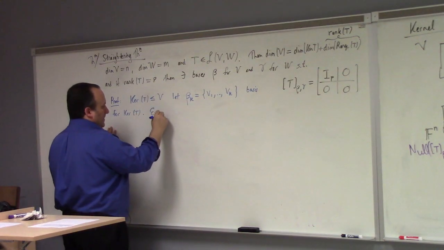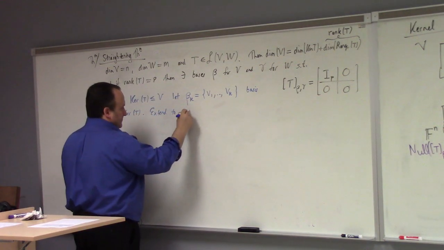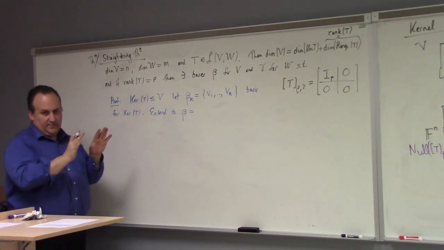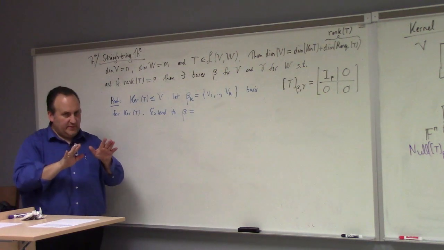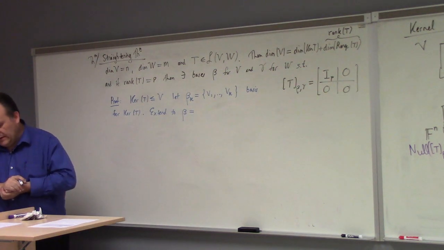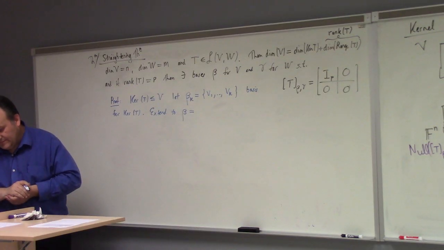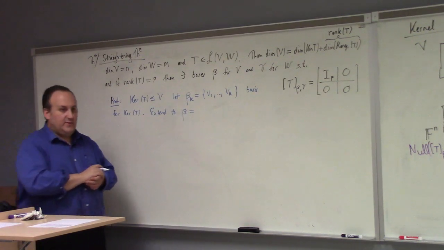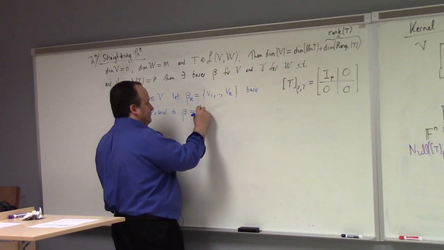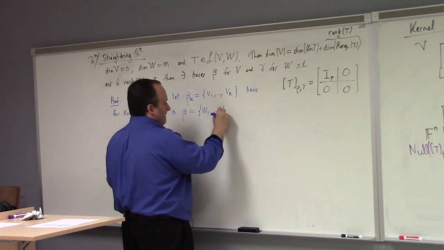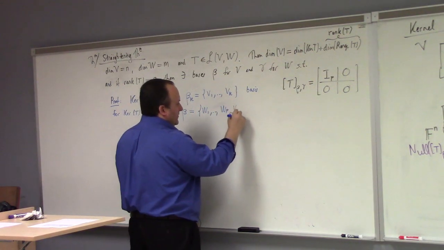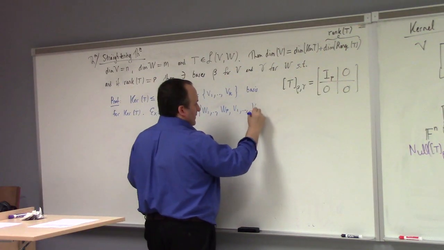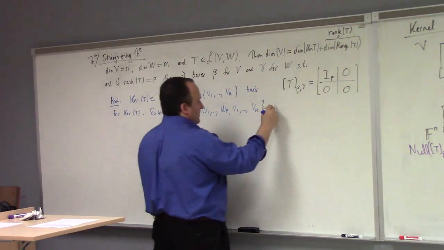Extend to beta, and check this out. We're extending in a slightly different way than we usually do. We're extending by adjoining the new vectors at the start. So we're going to put w1 through wp, and then v1 through vk for V.